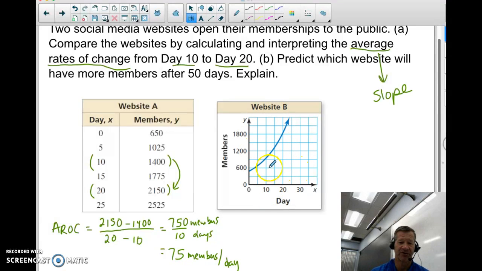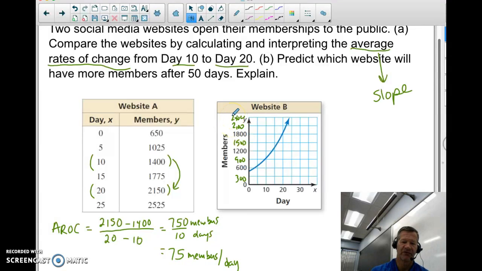Now they don't give us the points, but we can interpret them. You have to look carefully at what the scale is on the y-axis. We go from 0, and then this one's not marked, and then 600. So this must be halfway there. That must be 300. So every line represents 300 members. So 300, 600, that must be 900, 1200, 1500, 1800, 2100, and so on.